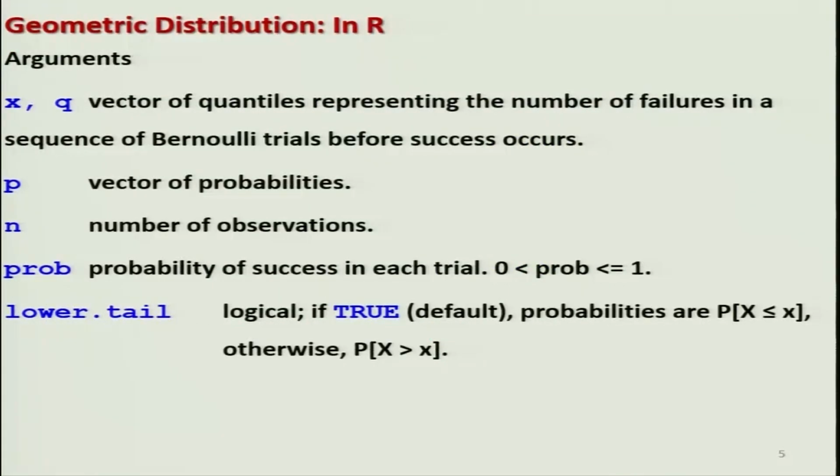Now the values that you have to give inside the parentheses are as follows. x and q are the vector of quantiles, p is the vector of probabilities, n is the number of observations, prob is the probability of success in each trial, and lower.tail is a logical variable which takes the value TRUE or FALSE. If it is TRUE, you compute the probability X less than or equal to x, and if you take lower.tail equal to FALSE, then it computes the probability X greater than x.